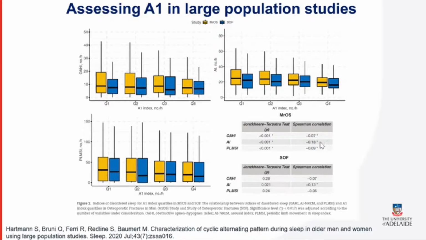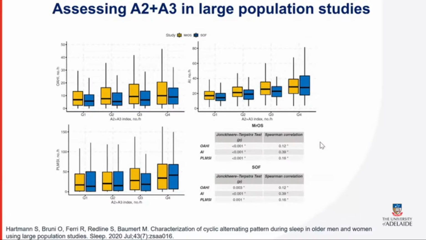The more sleep disturbance you have, the fewer A1 phases occur. For the A2 and A3 subtypes, which are somewhat related to conventional arousals, we find positive correlations, as you would expect, among all three types of sleep disturbance measures: apneas and hypopneas, arousals, and limb movements.